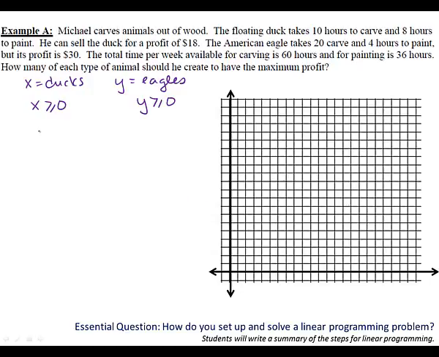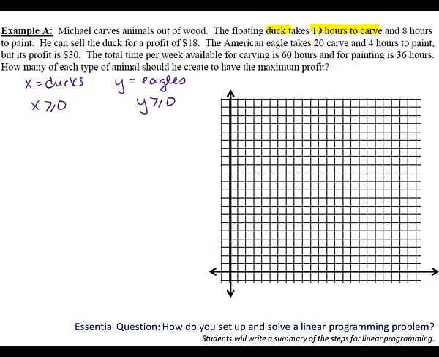Now let's talk about the hours it takes to carve and paint and how many hours there are total. Let's talk about the duck first. I'm going to highlight. We've got a duck, and it says 10 hours to carve. I need to write a carving equation and a painting equation.